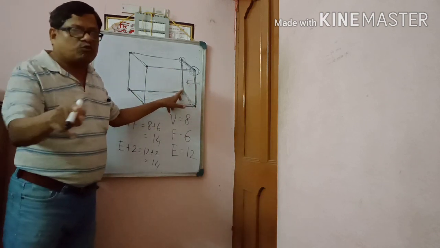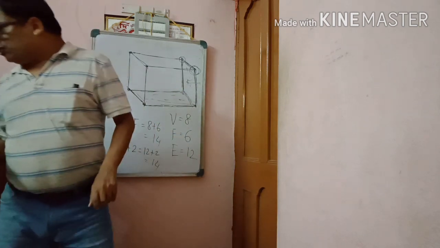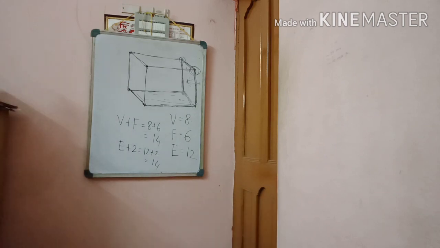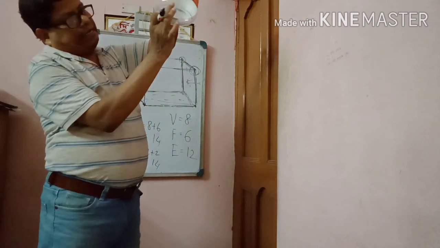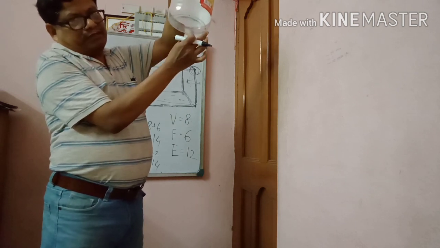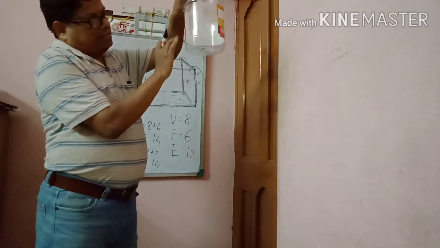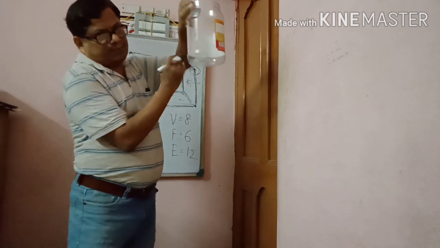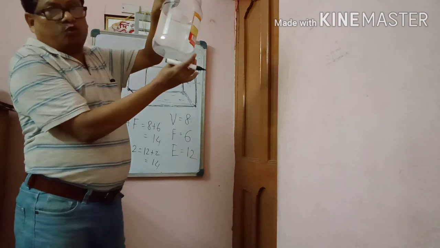a right circular cylinder has no vertices. If we consider this part, there is a circle, and this part is a curved surface. They intersect here, but there are no vertices.